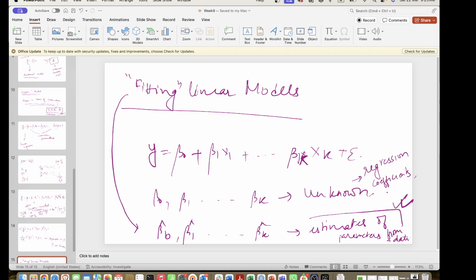So now we are going to use the data and follow some particular steps and get these beta naught hat, beta 1 hat to beta k hat.